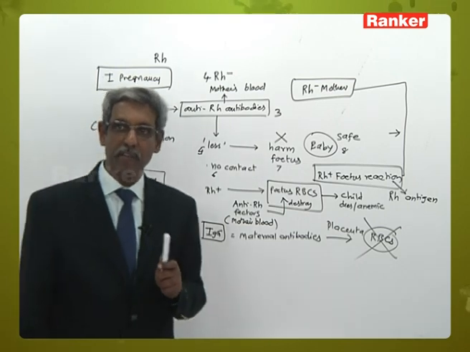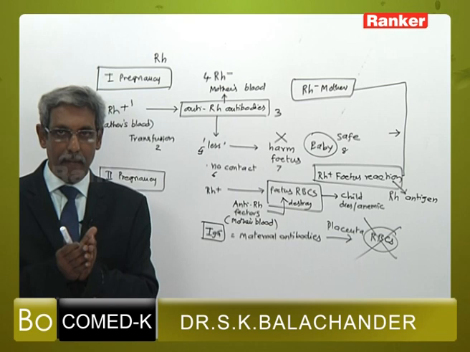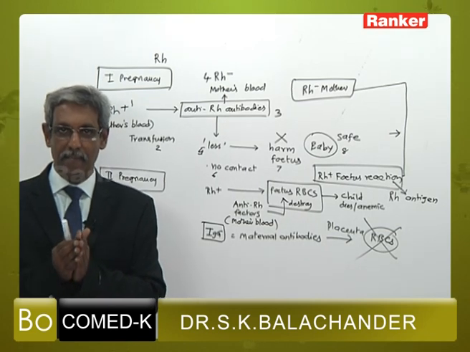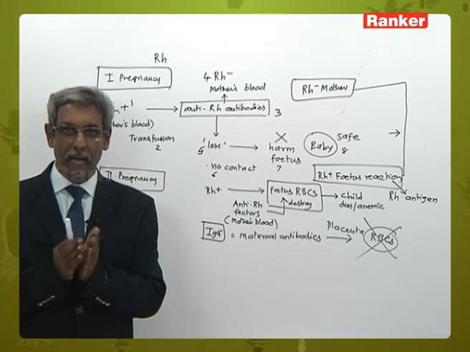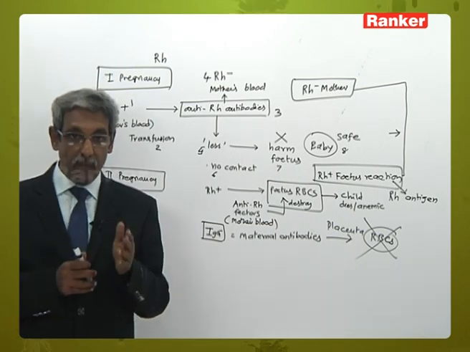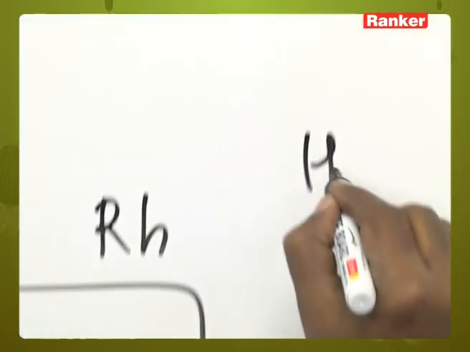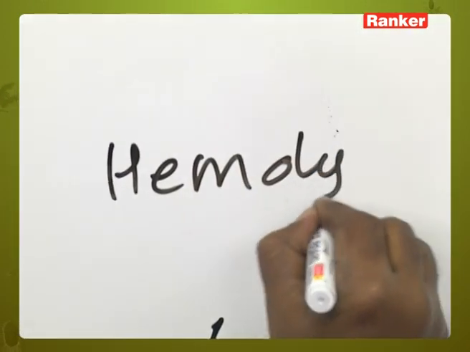Thereby, during the second pregnancy, we have the baby's red blood corpuscles and the IgG antibodies, they cross the placenta. It results in the formation of a hemolytic disease.